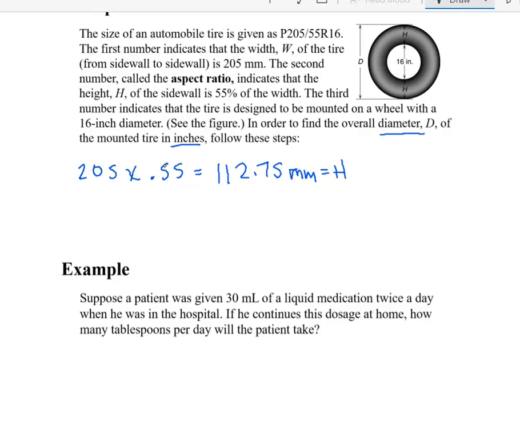And we know that they want this in inches. So we've got 2 of those. I'm going to go ahead and take care of that. So 112.75 times 2 is 225.5 millimeters. So the first thing we want to do is convert millimeters to inches.